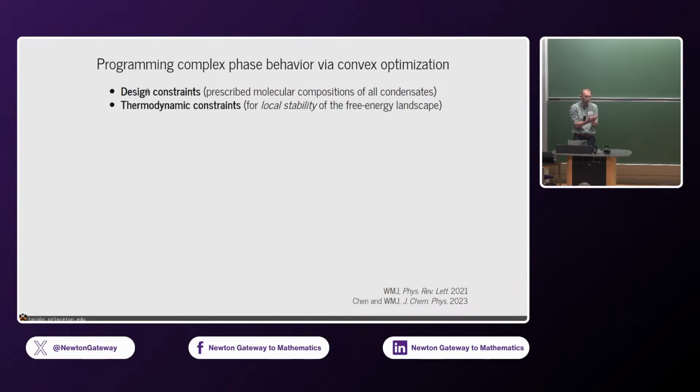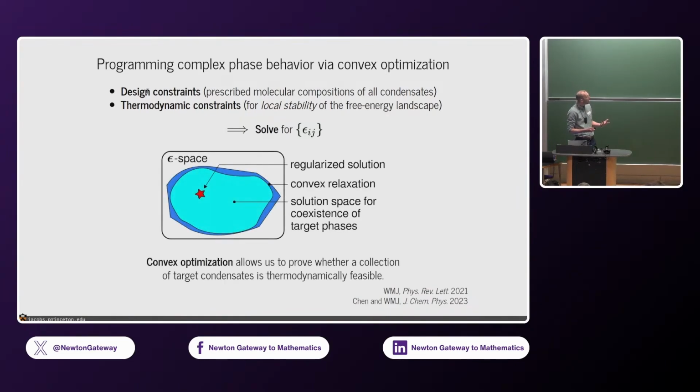So to have local minima on this free energy landscape, we need to end up with locally equal chemical potentials and osmotic pressures, but also a positive definite second derivative matrix. And then we want to do this and solve for epsilon. So this ends up being a challenging nonlinear problem, but it's possible to do a relaxation of this through some well-controlled approximations.